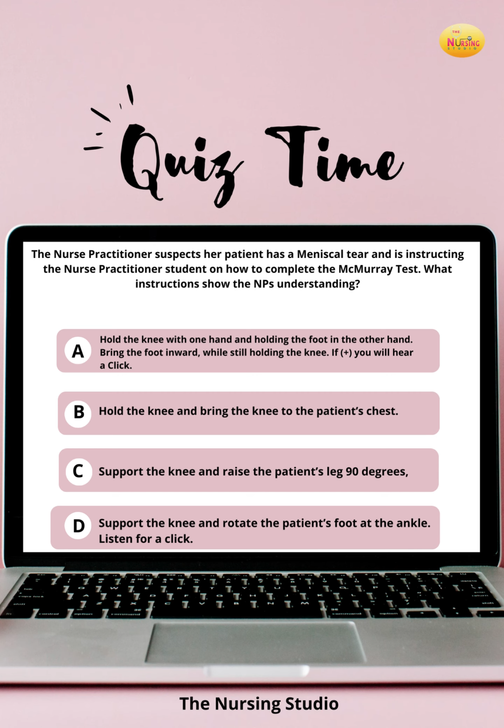And if you hear a click, that's positive. That's McMurray's test all day long. You're going to support that knee with one hand. Take your other hand and hold the foot and bring that foot inward of the injured knee, the painful knee that they're complaining about. And you will hear a click if it's positive. It is very apparent. You will hear it.